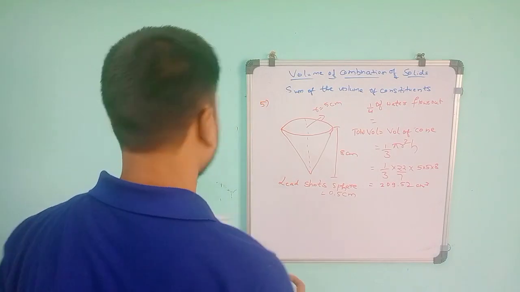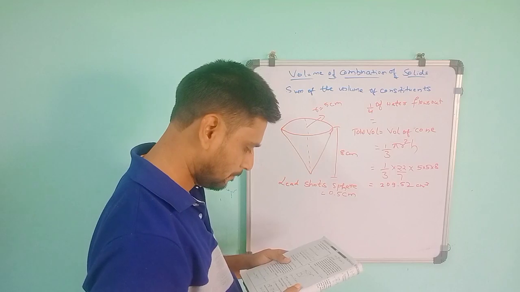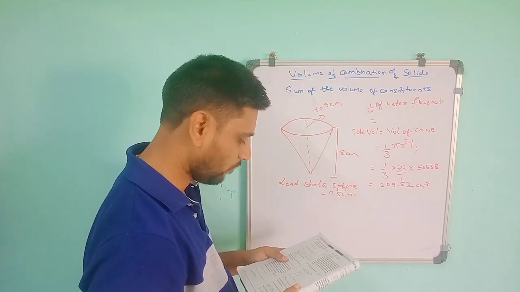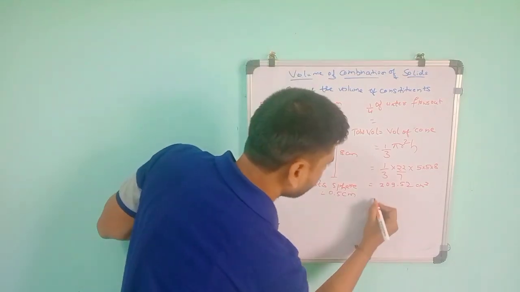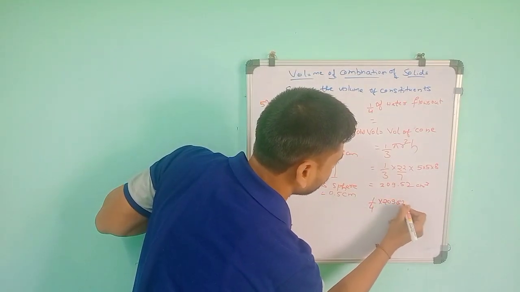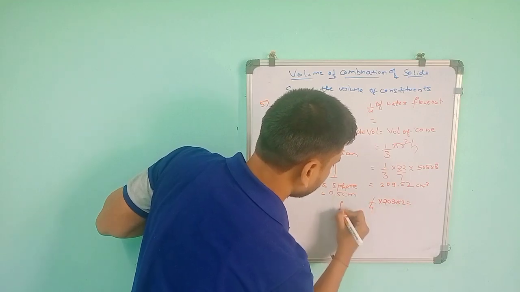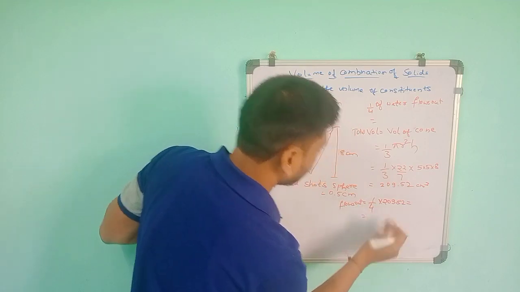After that, 1/4 of the water flows out. So this is the total volume, and in that, 1/4 of the water is flowing out. 1/4 into 209.52, so this much is flowed out. Flows out is equal to 1/4 of this total volume.